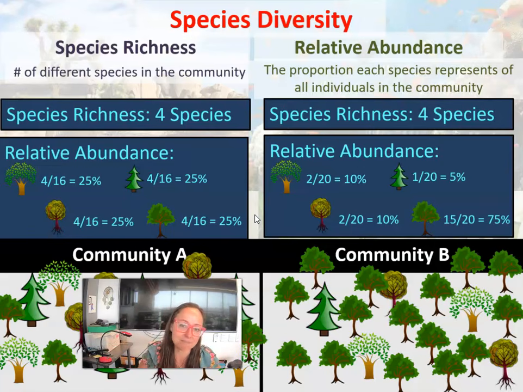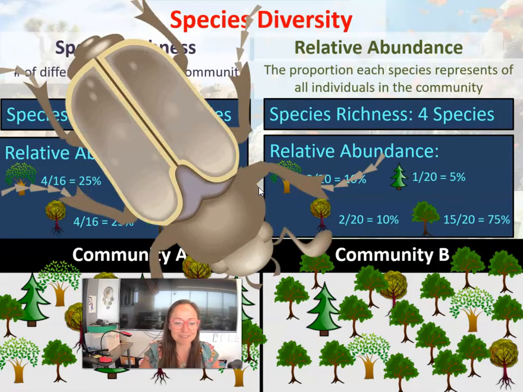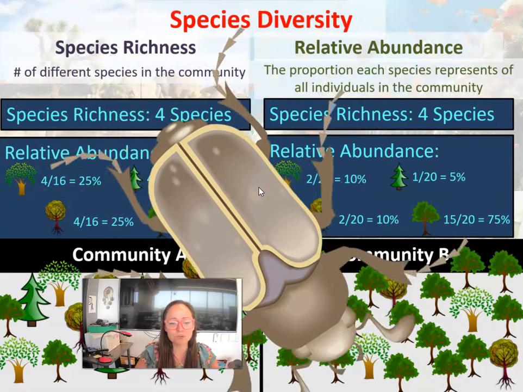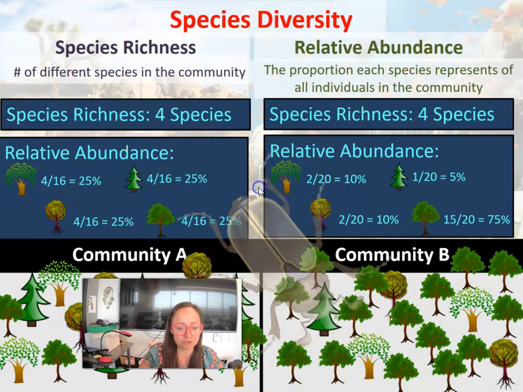Why this matters, and this is really AP Bio topic 8.7, is when we talk about why diversity matters. If there's a disruption to the ecosystem, let's say an invasive species comes, maybe some kind of insect that bores into the trees and destroys them, and it spreads through both of these communities.